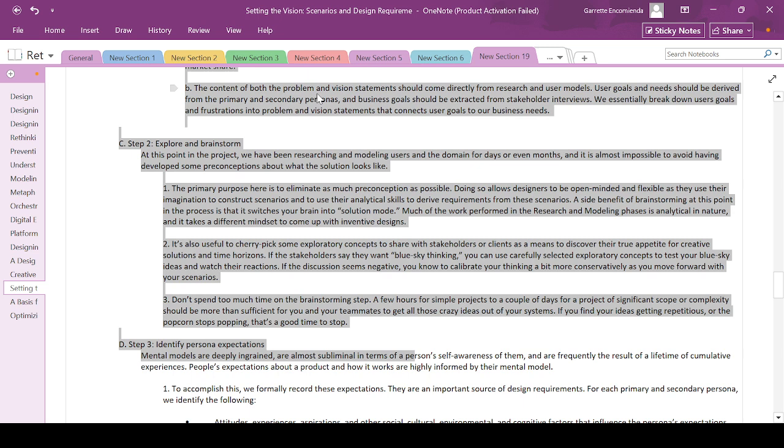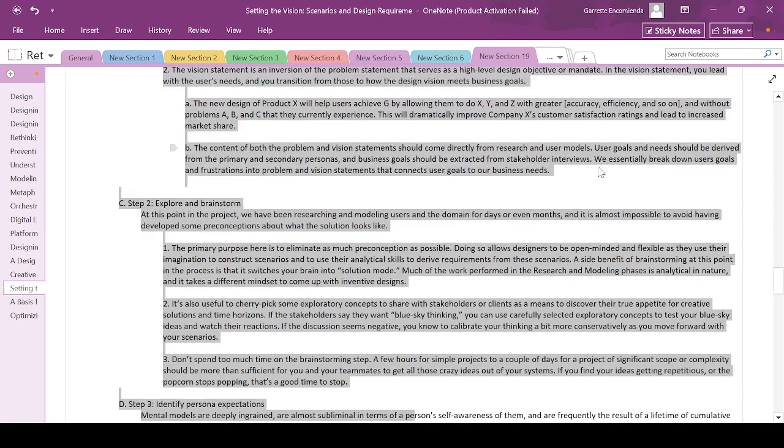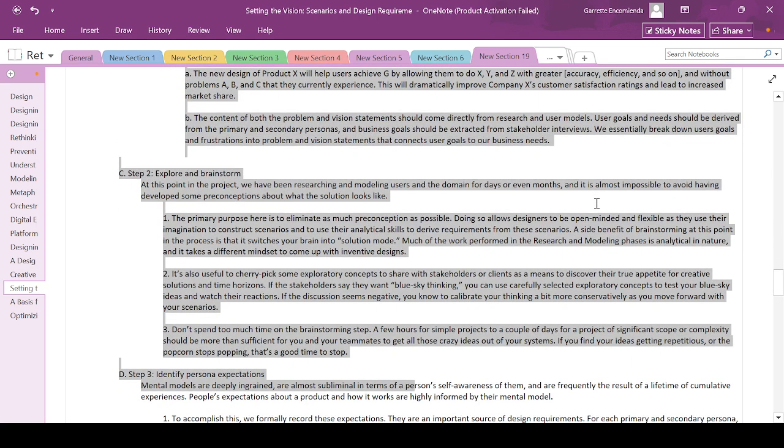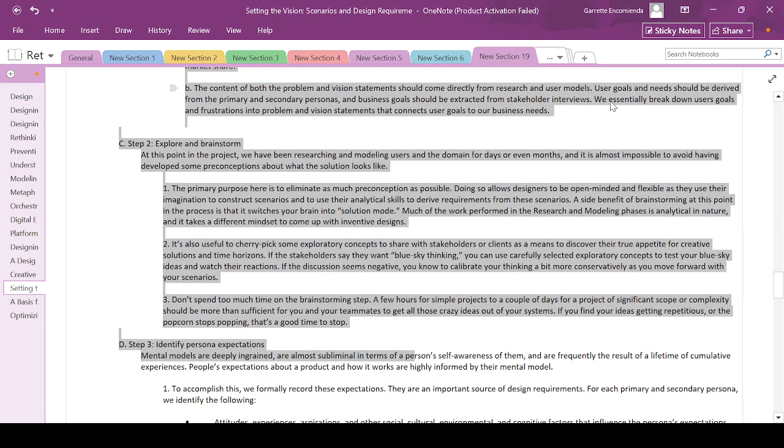The content of both the problem and vision statements should come directly from research and user methods, because again, you don't want to speculate on these complex interactive products. User goals and needs should be derived from the primary and secondary personas.